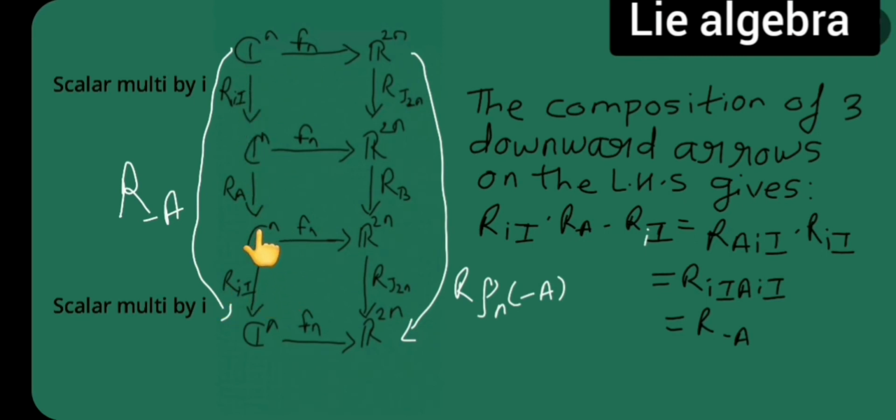So the composition of the three downward arrows on the left hand side gives this: rho(I) into rho(A) into rho(I), which I have written over here.